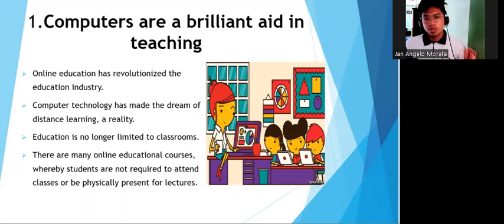Especially, it is pertaining to the asynchronous classes, wherein the lectures, the lessons are already recorded, and students are free to access those lessons in their own schedule, self-paced education.